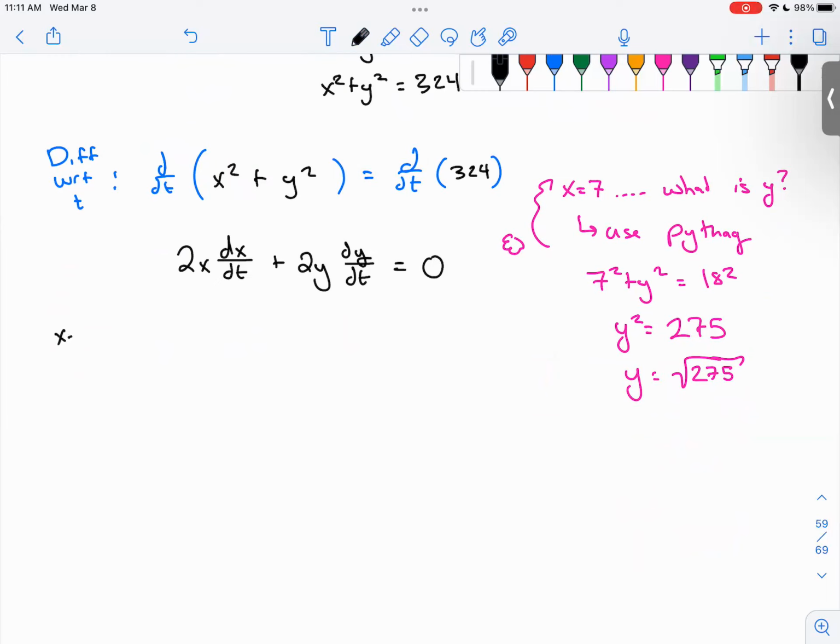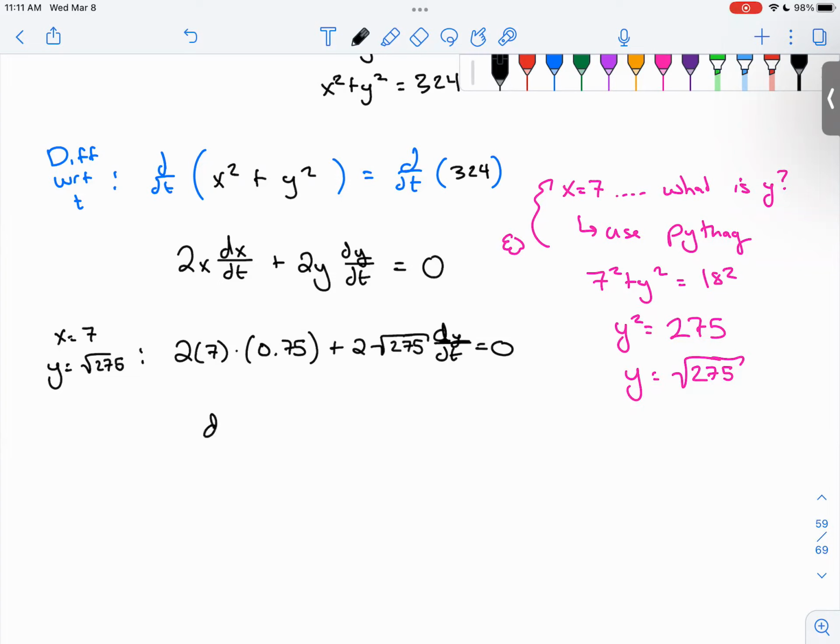So x is equal to 7, y is equal to the square root of 275. So we have 2 times 7 times dx/dt, which was 0.75, plus 2 times the square root of 275 times dy/dt is equal to 0.